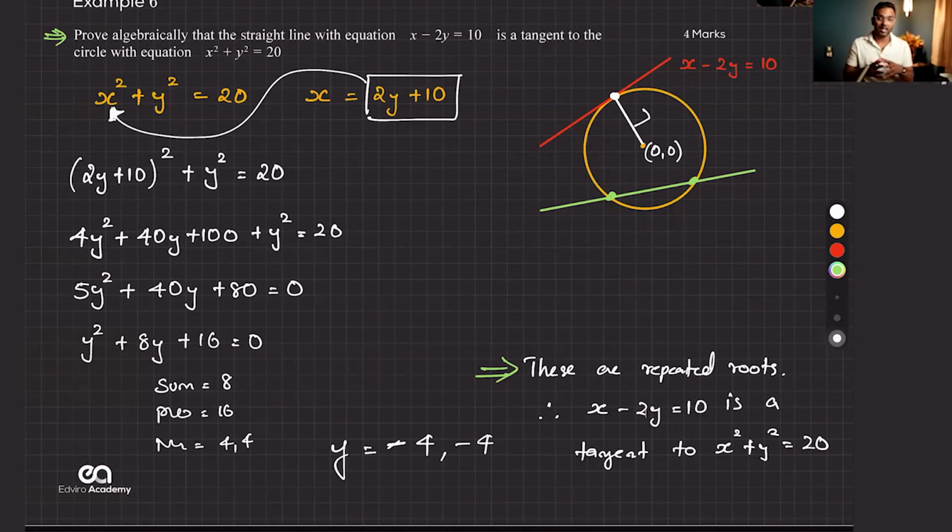Now you understand if they ask you to prove it's a tangent or not a tangent, it is simply a simultaneous quadratic equation with a sentence written down. Got it? A circle, a line, simultaneous quadratic equation to prove if it's a tangent or not.